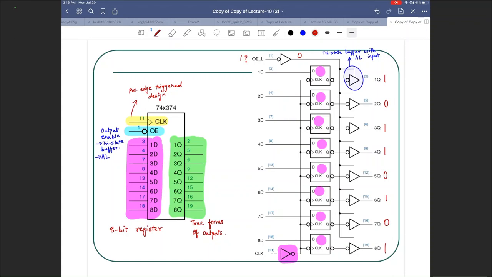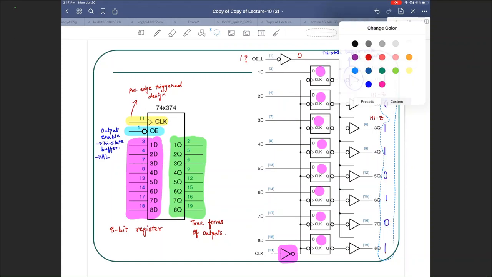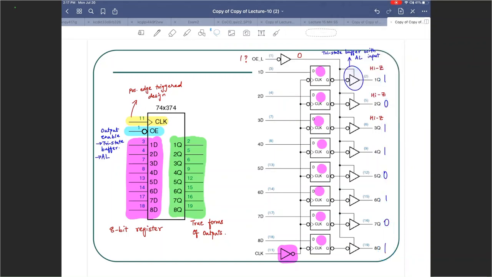If that guy is 0, all the 8 tri-state buffers will be disabled, which means your Qs will be in the high impedance state. But if I want this to be 1 0 1 1 0 1 0 1, let's see if I can highlight them in blue. So I want the blue output. How can I get it done?